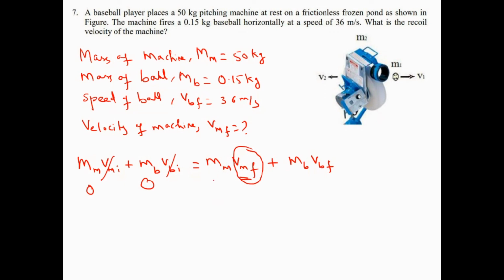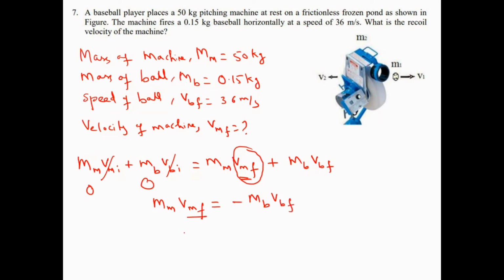So you have to rearrange this equation. So mass of the machine multiplied by the velocity of the machine final is equal to, when you move this term to the left hand side, minus mass of the ball and the speed of the ball final.